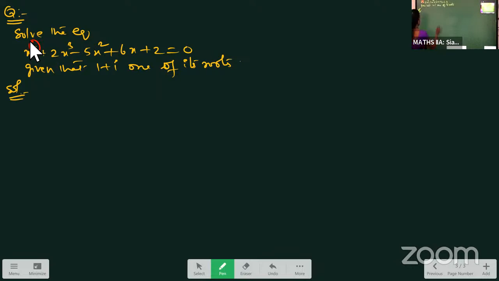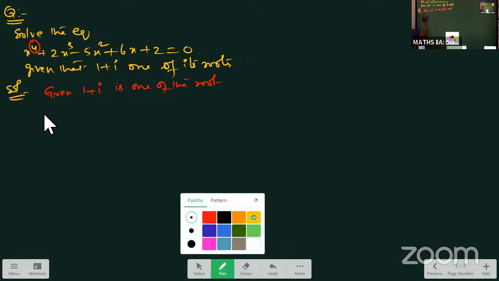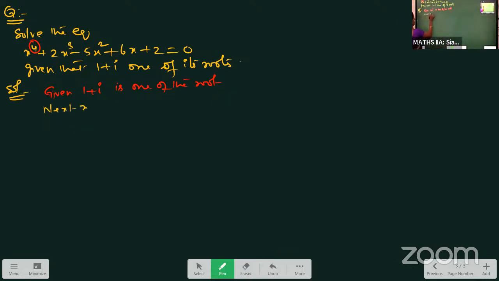Now, given 1 plus i is one of the roots, then the next root will be 1 minus i. So now you form a quadratic equation. How to write down a quadratic equation with the 2 roots?